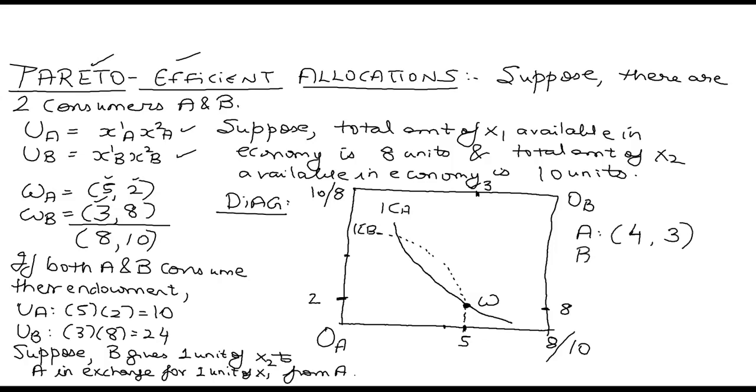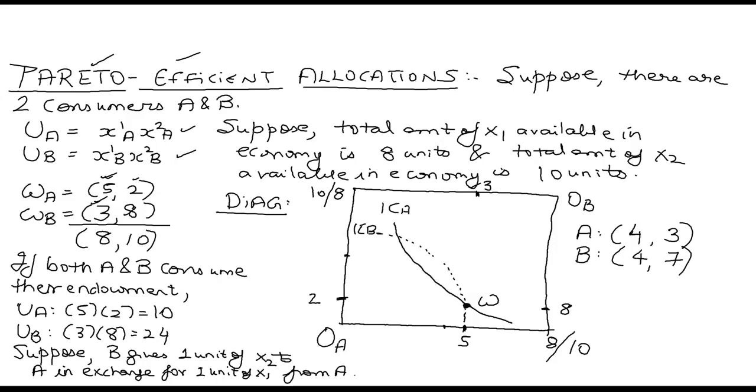For B, B gets 1 unit here, but then B gives 1 unit here. So you can see this trade is happening. B gives 1 unit of x2 to A. That means 8 will become 7 and 2 will become 3. And A gives 1 unit of x1 to B. So here it will become 4 and here it will also become 4.